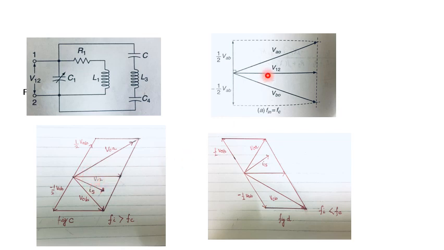In the case of resonance, Is and V12 were in the same direction, that is, there was no phase difference between Is and V12. But in this case, since the circuit is an inductive circuit, the secondary current Is lags behind the primary voltage V12 by some angle.